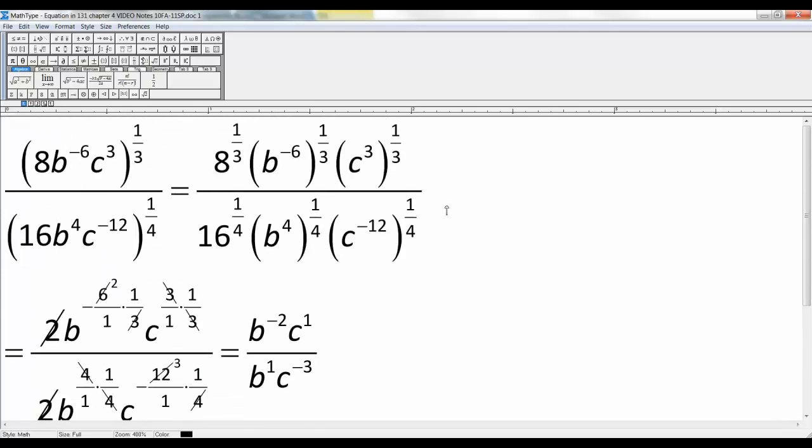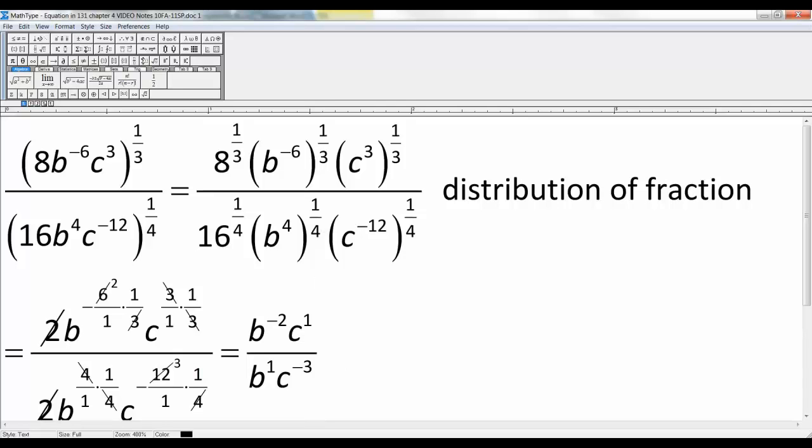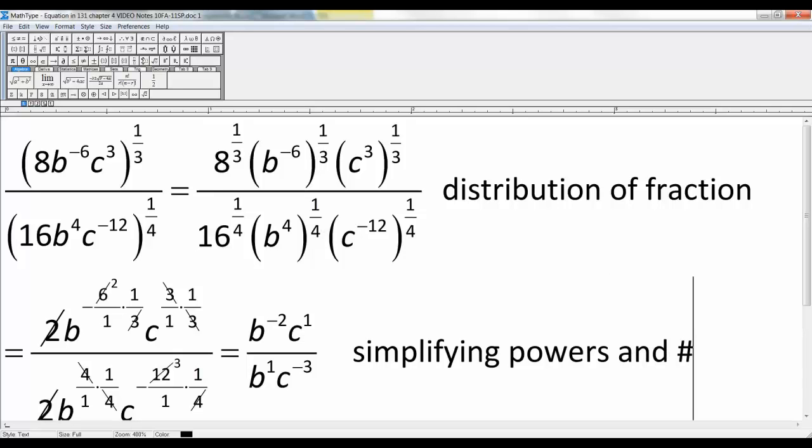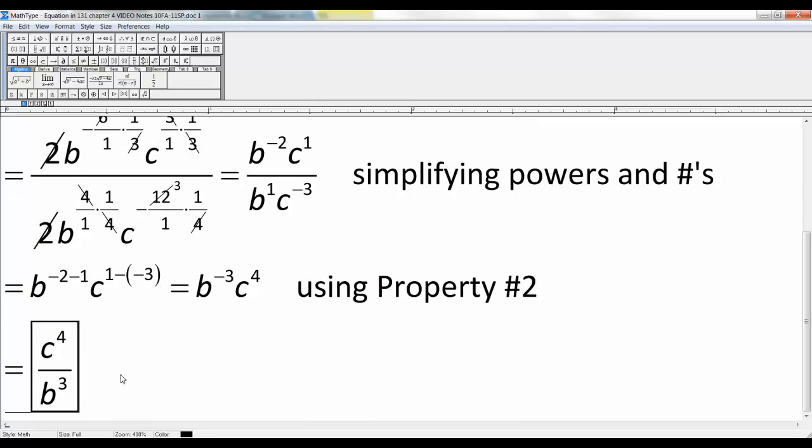So this is the distribution, right here, distribution of the fractions, right? Then down here, this is simplifying the powers and the numbers, because the 2 thing, they disappeared. Then over here, we're using property number 2. And then we use the definition to finish it out.